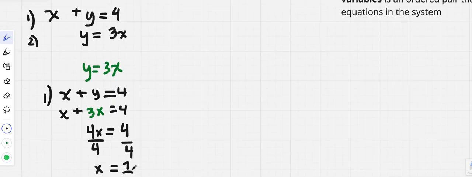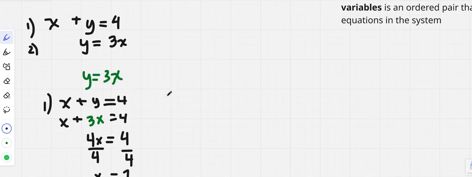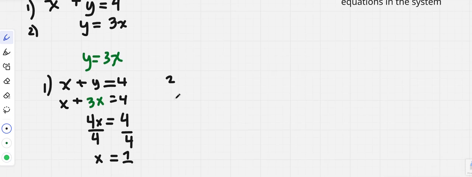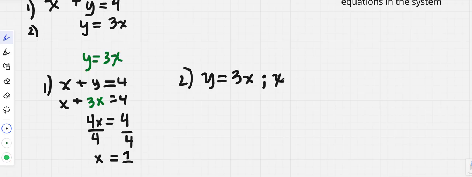Now we're going to substitute that into equation 2. We're going to rewrite equation 2 as y equals 3x. And we know that x is equal to 1, so we're going to notate that here. x equals 1, we just solved for it.